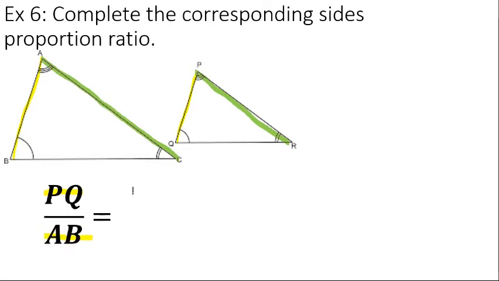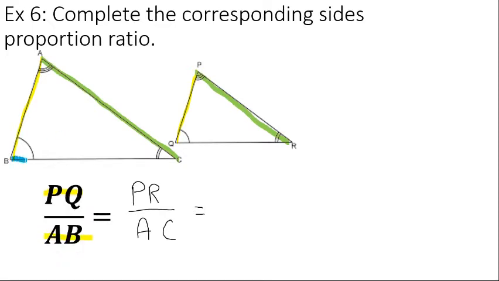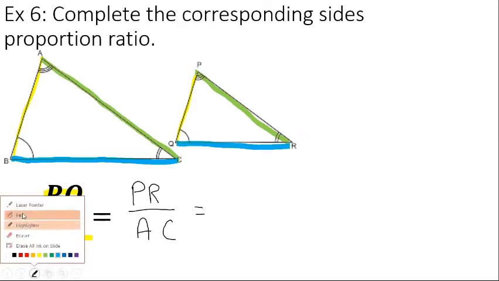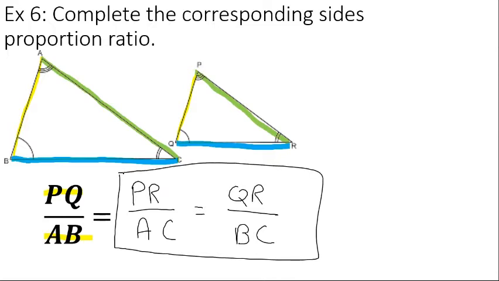PR over AC equals. And then the last sides go together, BC and QR. So I'm going to set up my next fraction. I'm going to say QR over BC. So this right here is my answer.